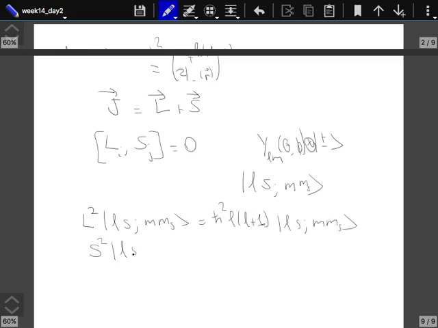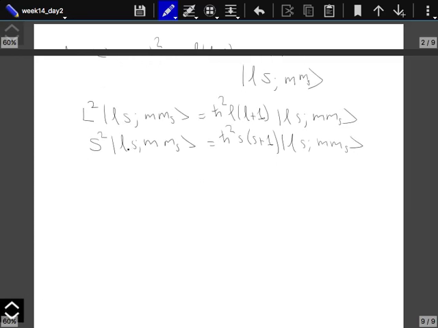S squared acting on the same ket just gives me h bar squared s(s+1), whatever the total spin is. We can be talking about a spin 1 particle, spin 1/2 particle, that is this small s. We can act with Lz on this ket.